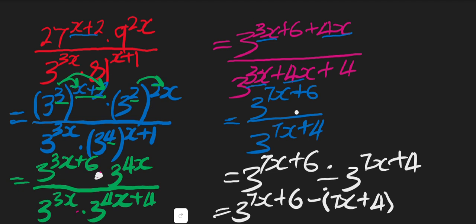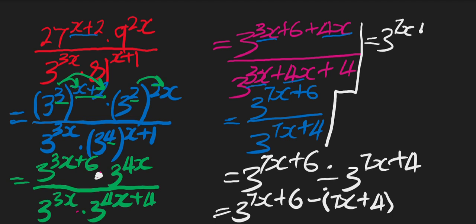Then if it's like this, it means that when you conclude, you're going to say, let me just remove this one. Let me write it here. It's going to be equal to 3 to the exponent of 7x plus 6, then minus, we're going to say negative times 7x, which is going to give us negative 7x.